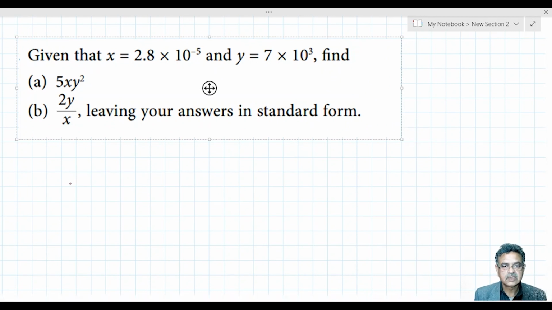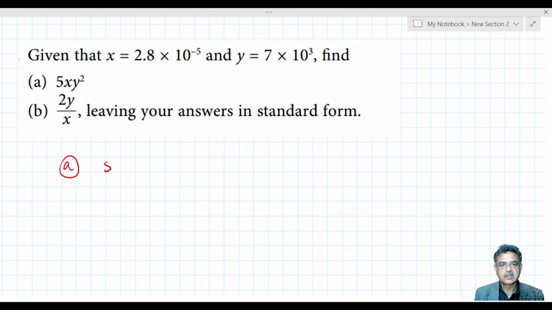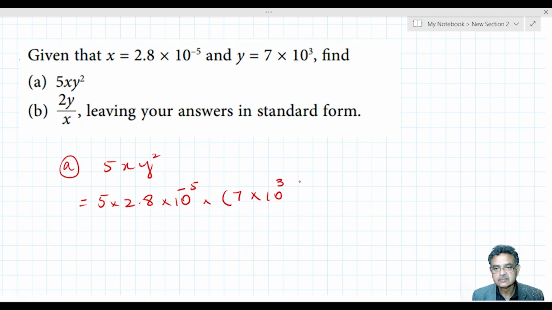This is similar to that question. Part A, 5xy square. Substituting the values of x and y, x is 2.8 10 power minus 5, y is 7 into 10 power 3 square.